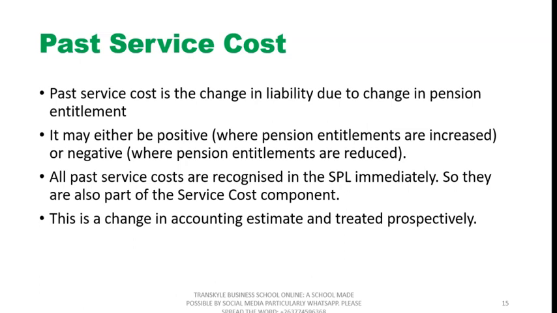All right, but we have what are called past service costs. Past service cost is the change in liability due to change in pension entitlements. It may be either positive, where the pension entitlements are increased, or negative, where the pension entitlements are reduced.